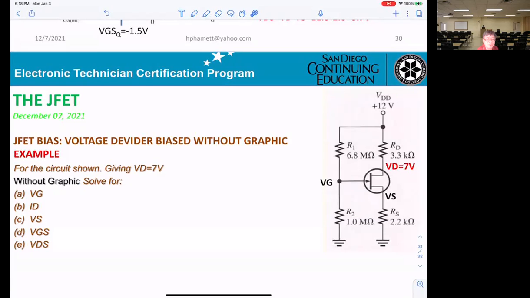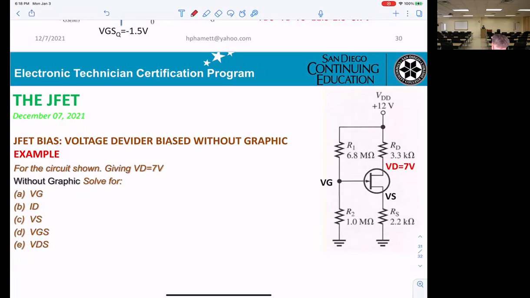I'm not following. I was already telling you. Again, to calculate the VG, voltage divider: VDD times R2 divided by R1 plus R2. Okay, that is number A. Number B, I want to calculate the ID.